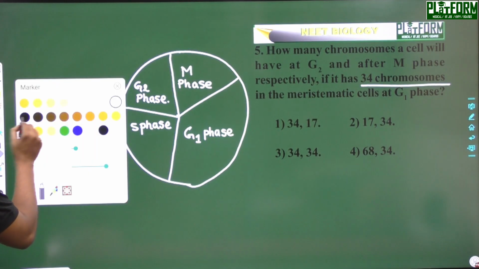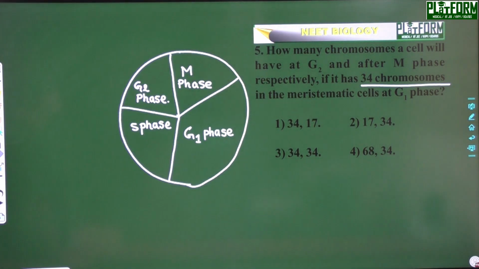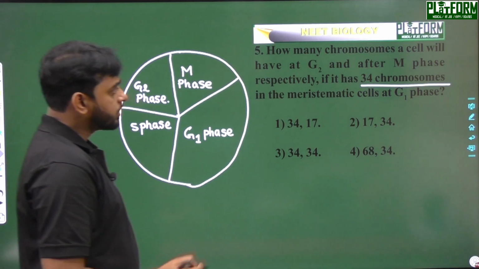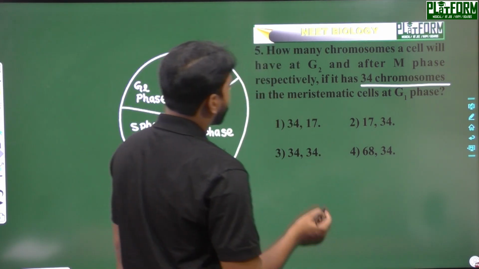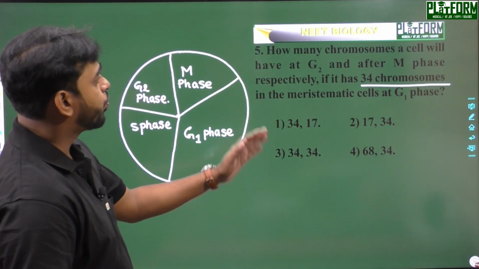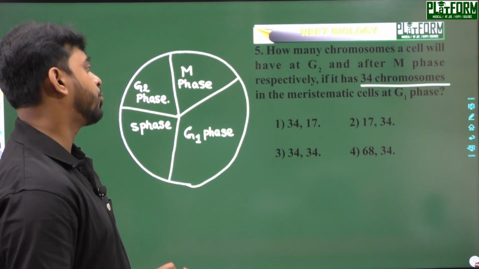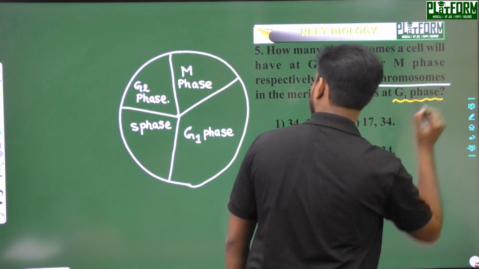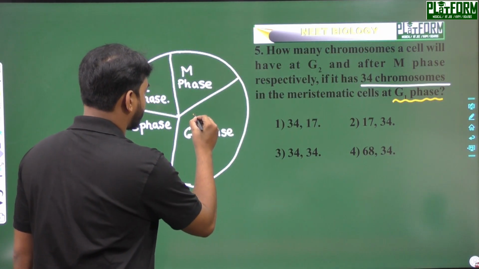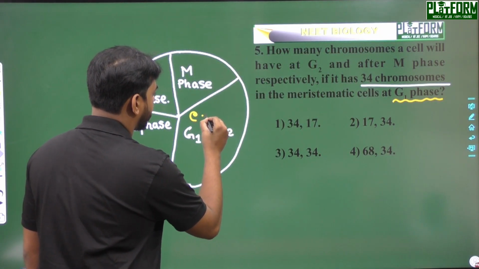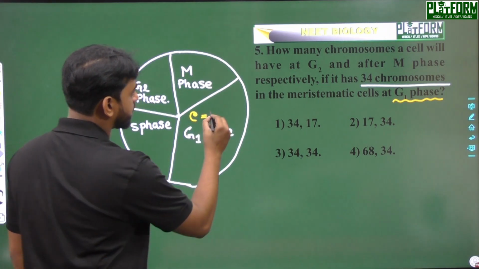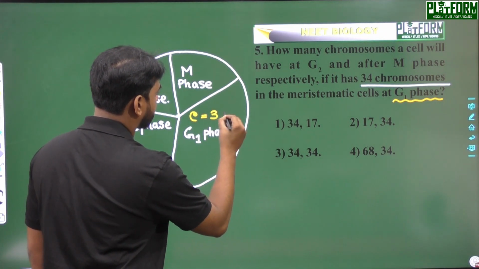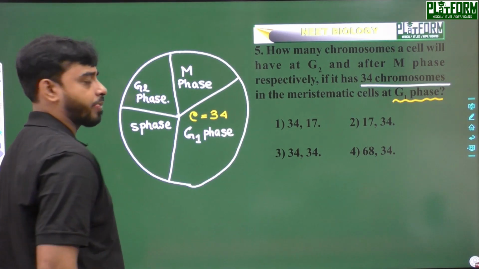These are the phases of the cell cycle. Fine. Now in the question it is written a particular cell with 34 chromosomes at G1 phase. So here the number of chromosomes I am writing as C 34.